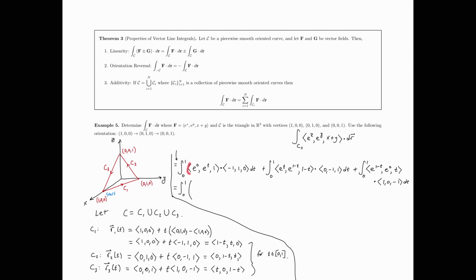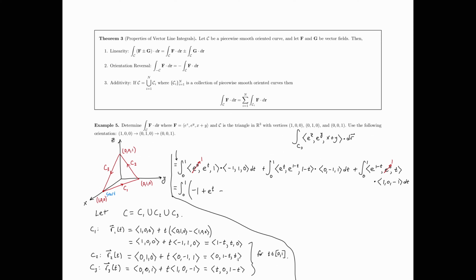So let's go ahead and do our dot products. Let's go through and simplify these first. So that's 1. That's 1. Okay. So then we'll have 1 times negative 1, which is negative 1, plus e to the t plus 0. Moving on, we'll have 0 times e to the t, 0.